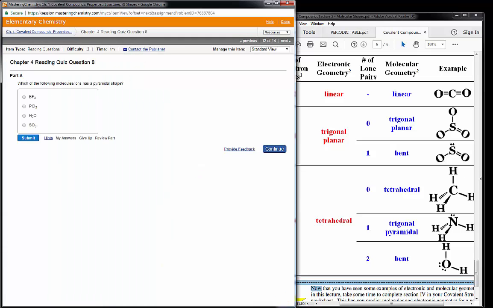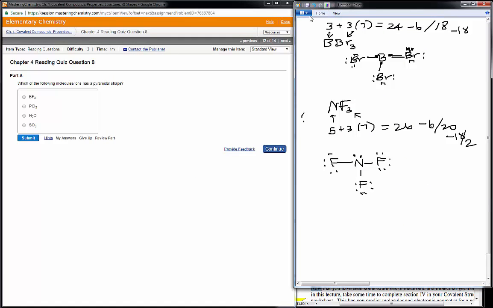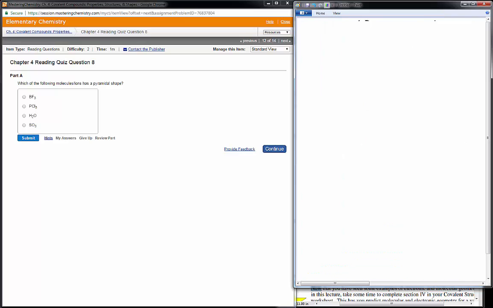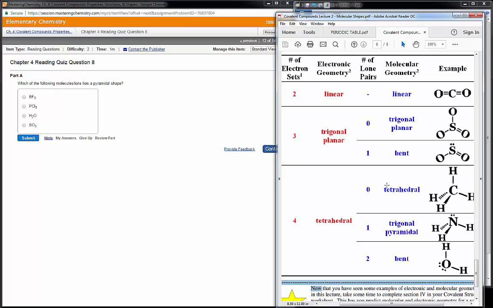Next, which of the following has a pyramidal shape? So here now you have to draw all of them to figure out which one is the pyramid. But you can do a few shortcuts here. First, I can't be trigonal pyramidal unless I have 3 exterior atoms, right?